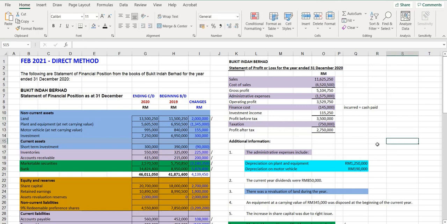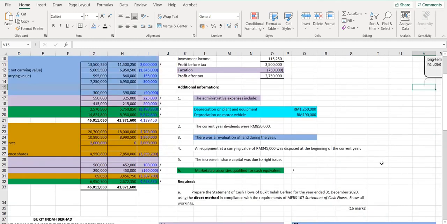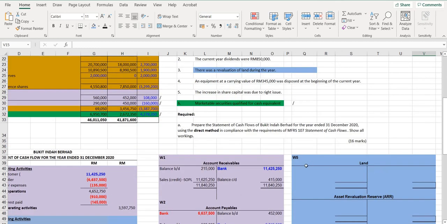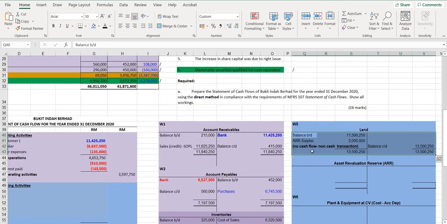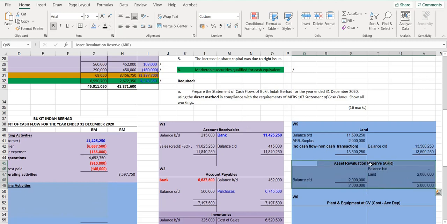In terms of workings for your land, I have already reproduced it here. You can check that there is nothing to do with any cash transaction, because a surplus is a non-cash item, a non-cash transaction. And for the asset revaluation reserve, there is no information relating to anything else, perhaps a bonus issue or whatsoever, none.